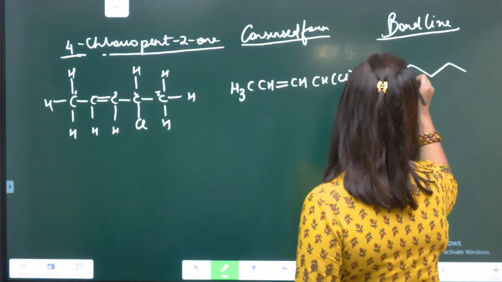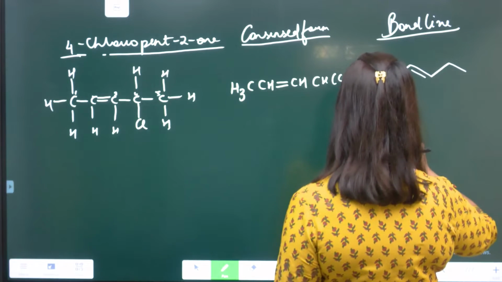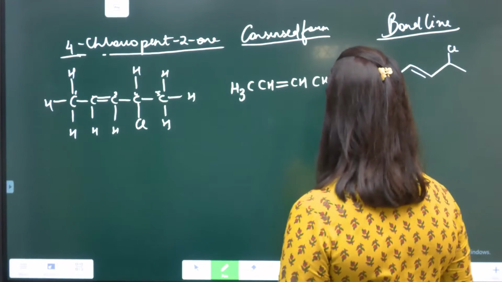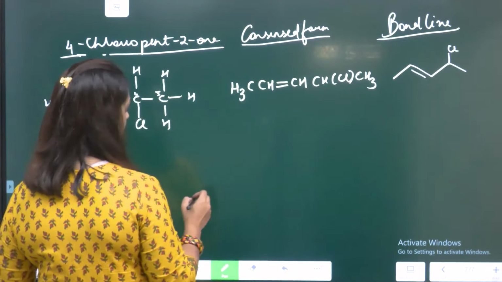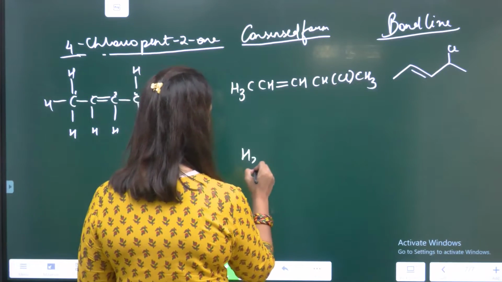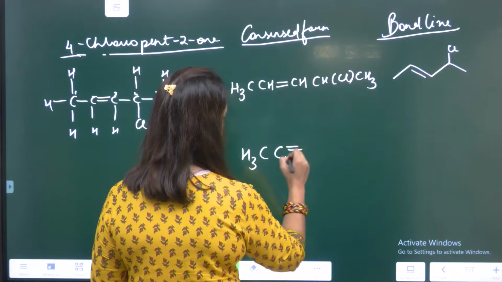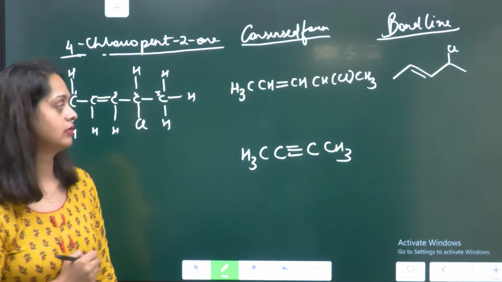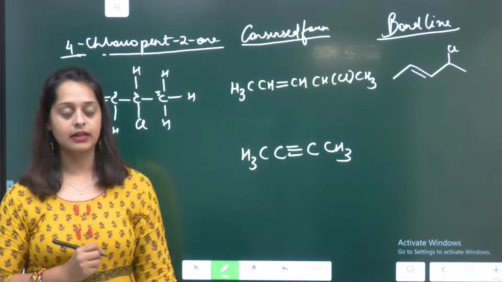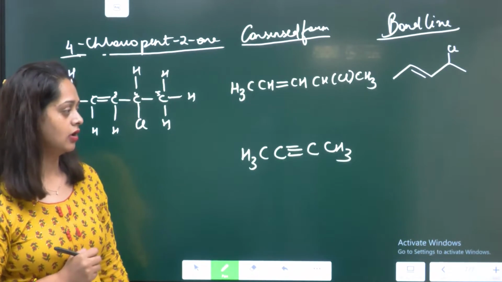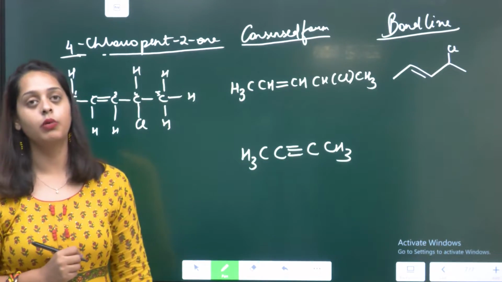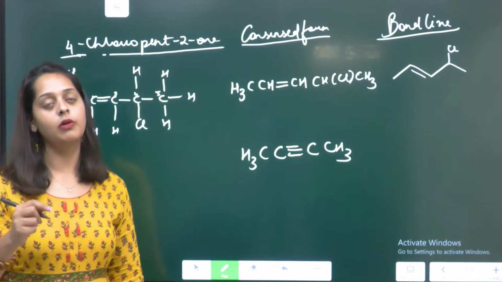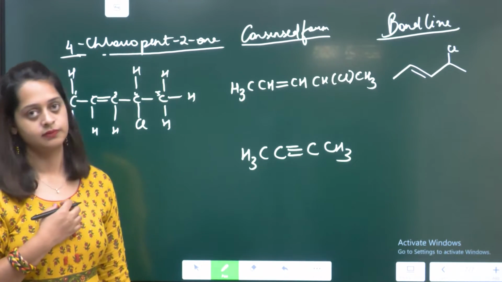After the 5 carbon, on the second there is a double bond, and on the 4th there is a chloro group. Fine. So let's say I have been given another molecule like this. This is an alkyne molecule. So how will I represent it in bond line structure? How is the triple bond represented?